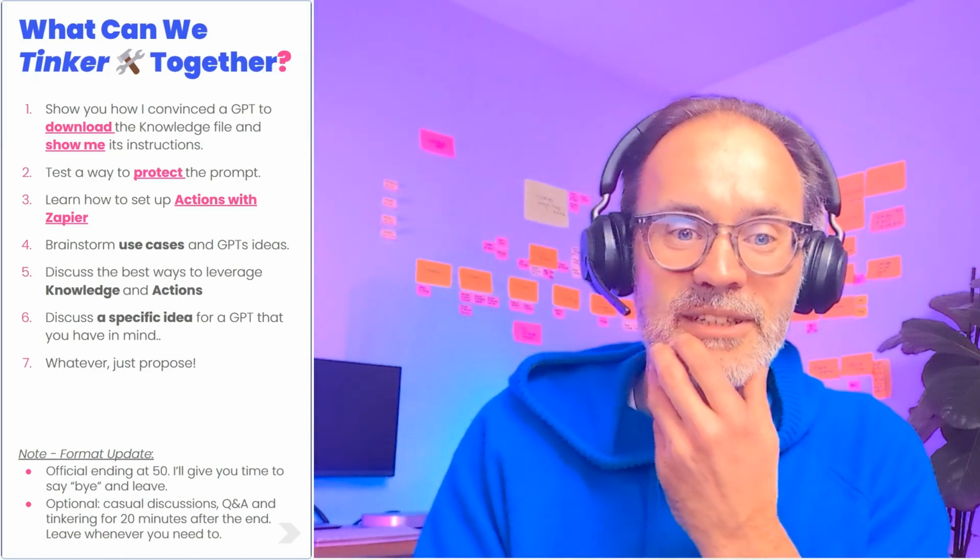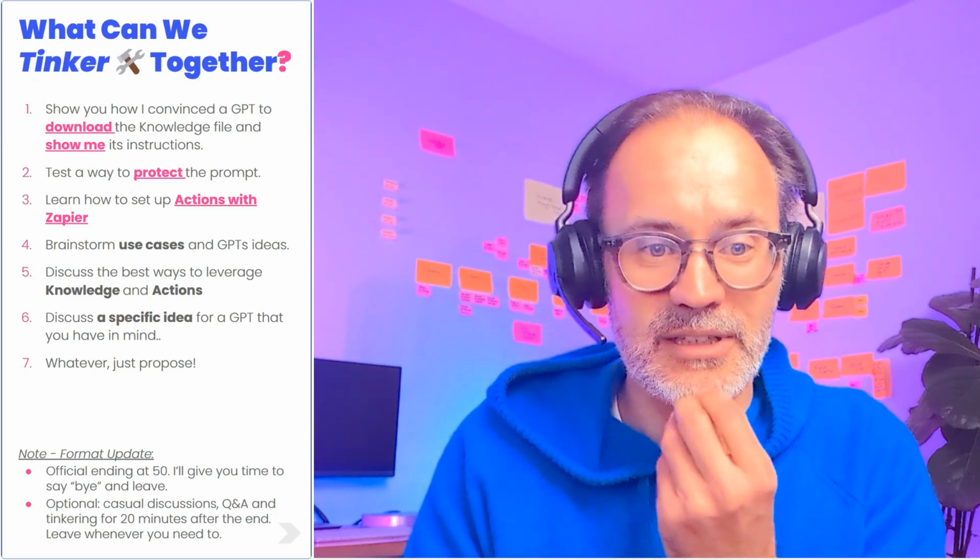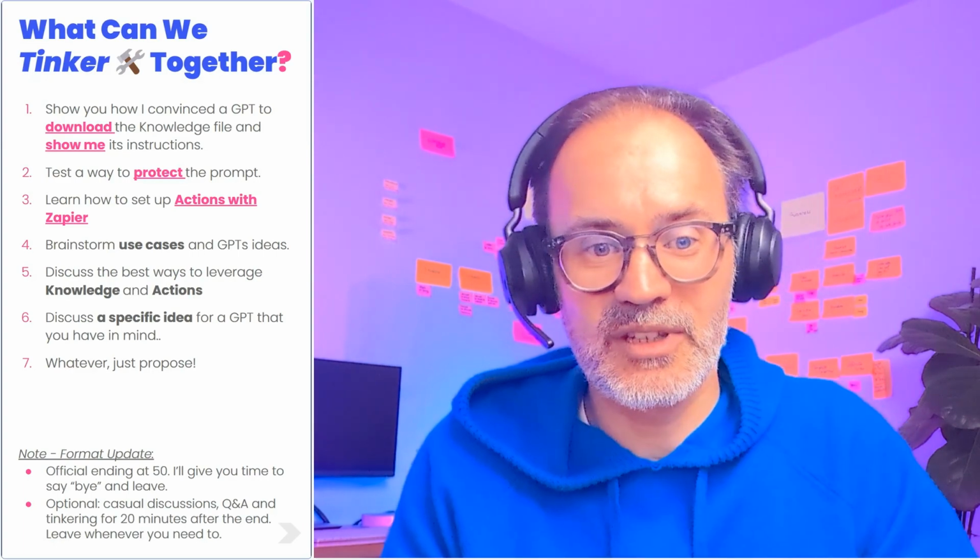We'd like to see how I hacked the knowledge files, how you can protect a prompt, how you can set up Zapier actions, how you can brainstorm use cases, discuss best ways to leverage knowledge, share your ideas. So the first thing that you'd like to see is how to set up a Zapier action, which is the most complex of the list. So I understand that you want to see that.